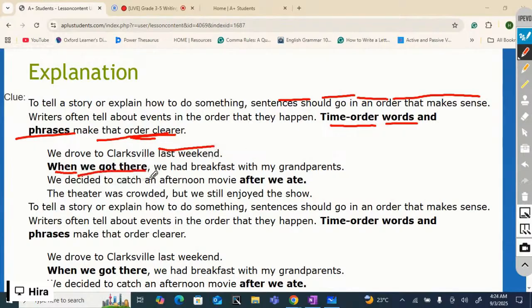We decided to catch an afternoon movie after we ate, again a time order word. The theater was crowded, but we still enjoyed the show. So these time order words and phrases tell about events in the order that they happen. To tell a story or explain how to do something, sentences should go in an order that makes sense. Okay?